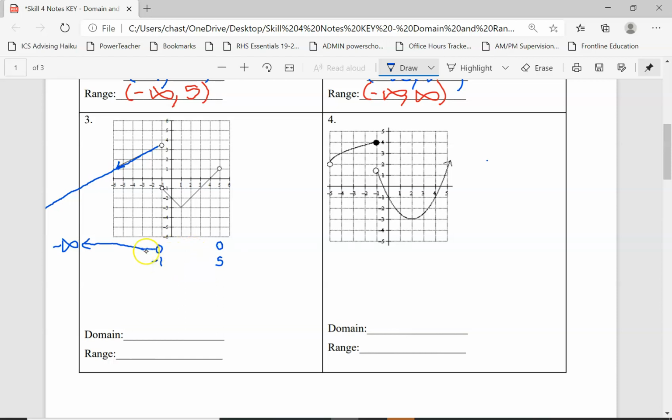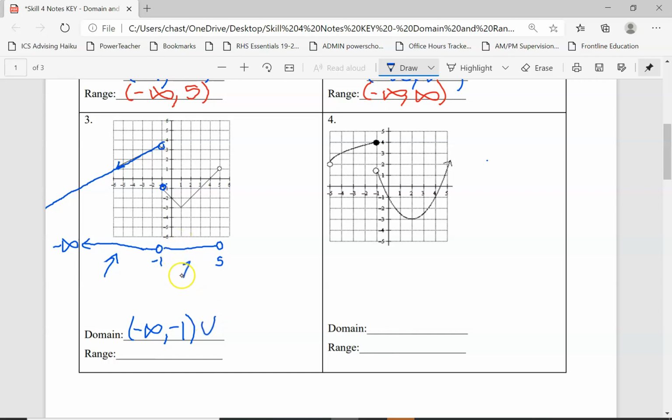So I'm going to redraw this so that we see that. All right, so when I write my domain here, there are 2 pieces. We have this piece here that goes from negative infinity to negative 1. We have open circles in these locations at negative 1 and no piece of the graph that actually hits negative 1 anywhere for an x value.